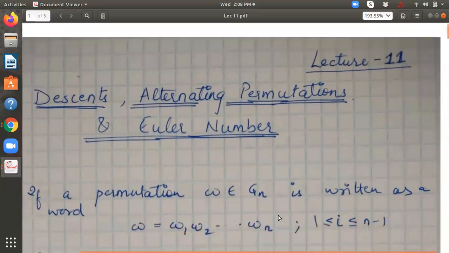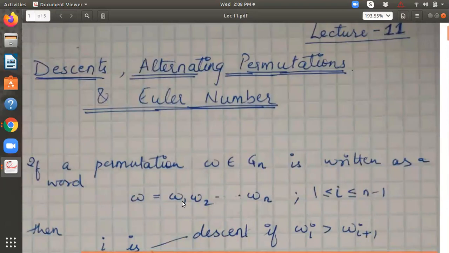If this permutation is written as a word W1, W2, ..., Wn, already you know that all these elements are distinct, because you're taking a permutation on a set.